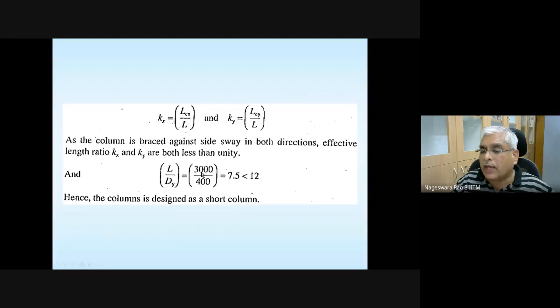Anyway, the actual value is going to be less than this, and that is what is checked. Even when I take the unsupported length and the least dimension, 600 by 400, out of which 400 is selected, this ratio turns out to be less than 12. So the column is going to be a short column.